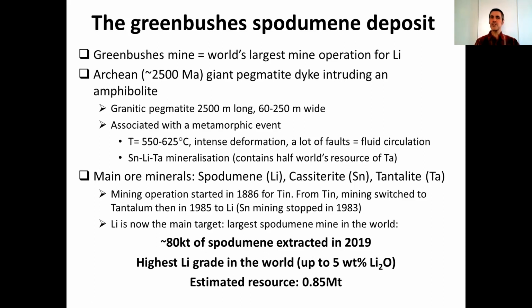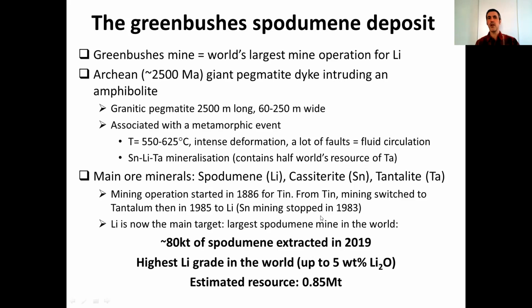The mining operation started in 1986 for tin. From tin, mining switched to tantalum, then in 1985 to lithium. Actually, tin mining stopped in 1983. Lithium now is the main target of the mining operation.